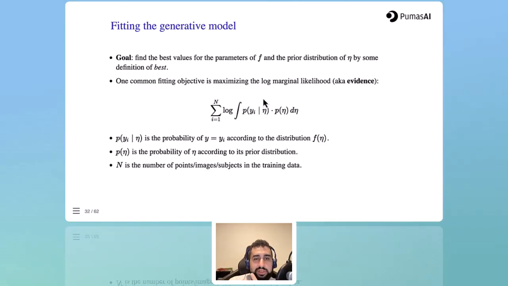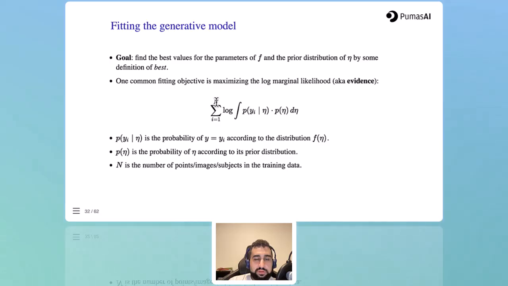But intuitively, let's at a high level try to understand that this here is a desirable objective function value because it corresponds to minimizing some discrepancy measure between the true distribution of the data, the observed data, and the distribution of generated data, or the marginal distribution of y. And that's why we are interested in maximizing that.